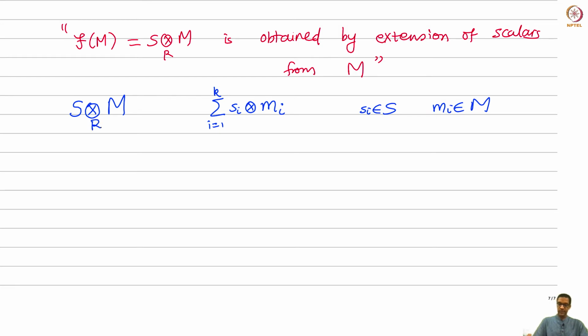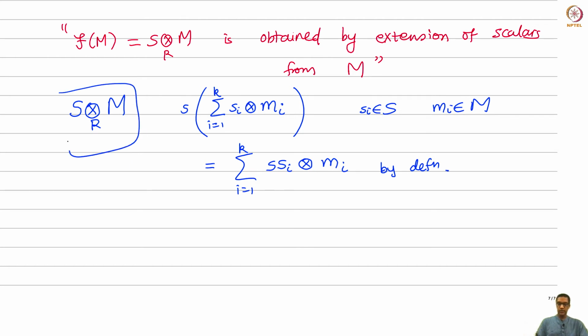But what is scalar multiplication? If I take a scalar S from S and act on it, if you recall how bimodules worked with tensor products, this is just obtained by multiplying the first component by S. This was the definition. So this is how scalar multiplication works on this new module S tensor M.